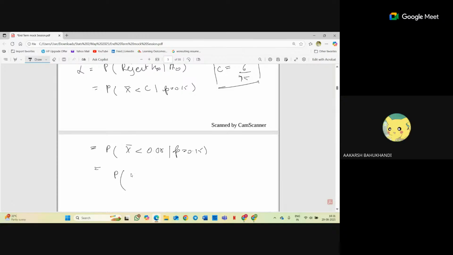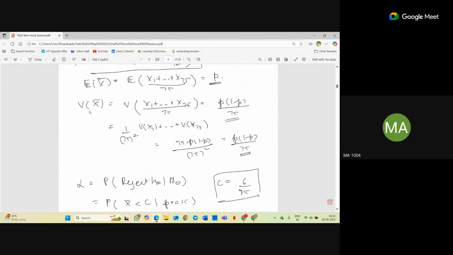Yes, ma'am. So this will be Z less than 0.08 minus 0.15 divided by the square root of 0.15 into 1 minus 0.15, that is 0.85, divided by 75. This is the expectation, and this is the variance from where we calculated this value.